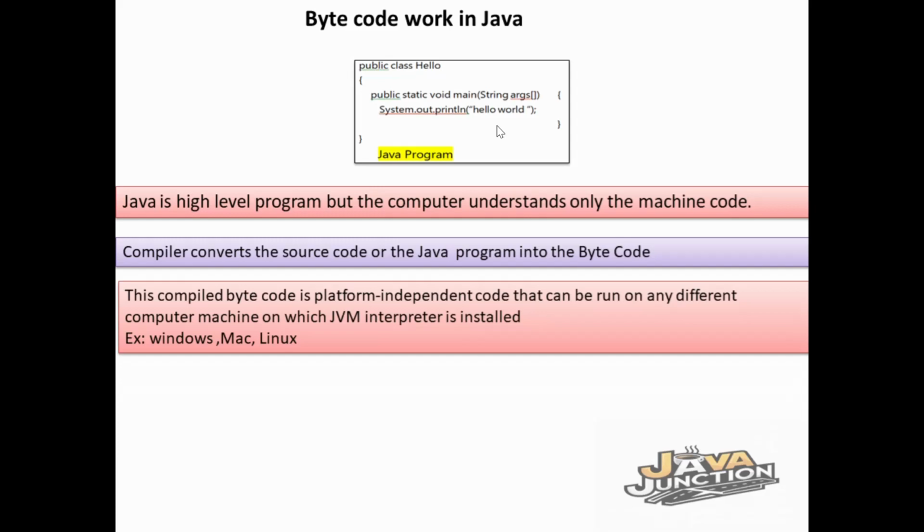You have to create one source file and compile, and after compilation, JVM will create one dot class file. This dot class file will run on any platform. It is not a matter whether the operating system is a Windows operating system, Mac operating system, or a Linux operating system.